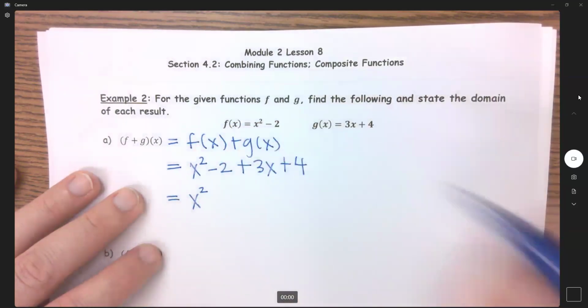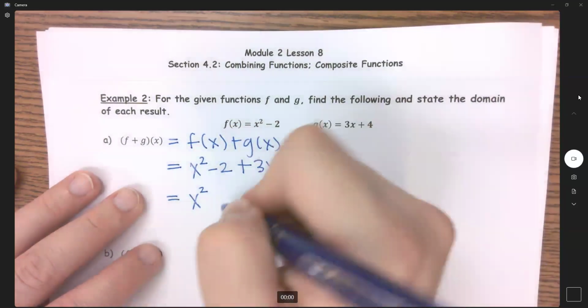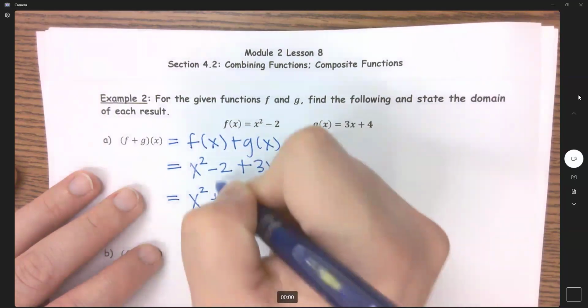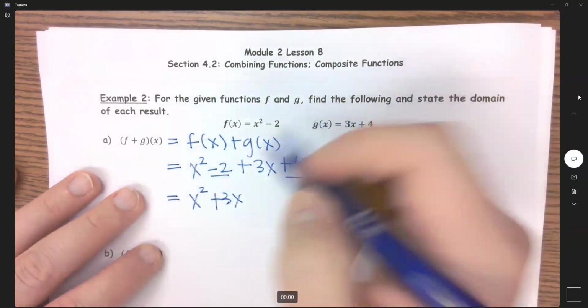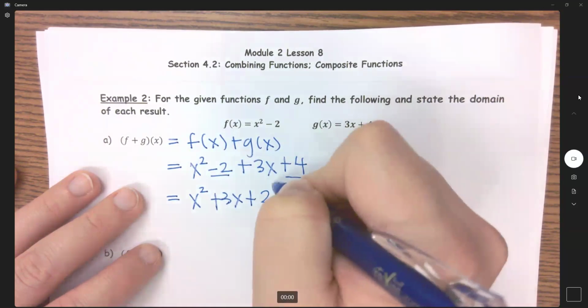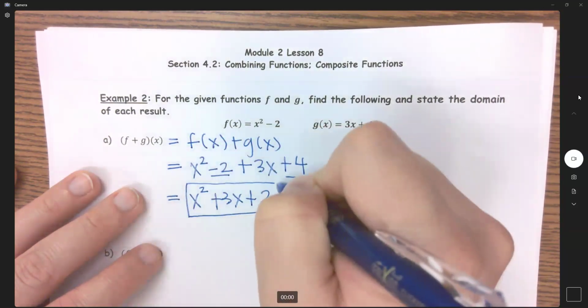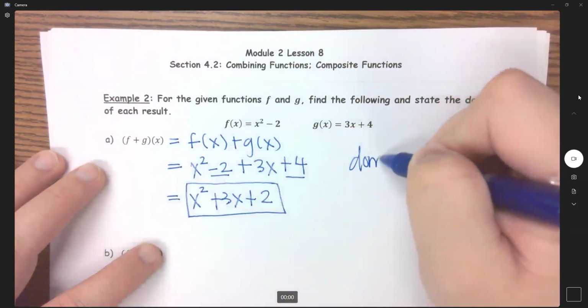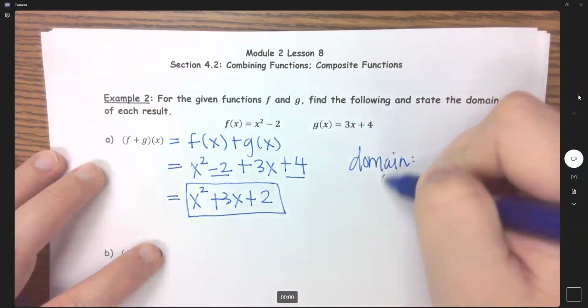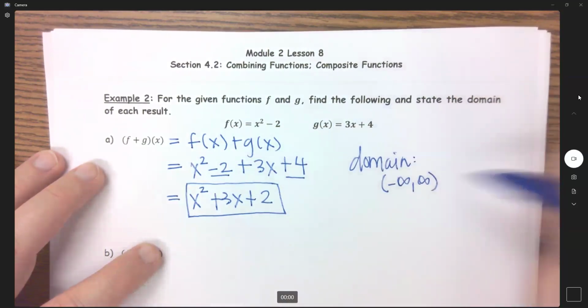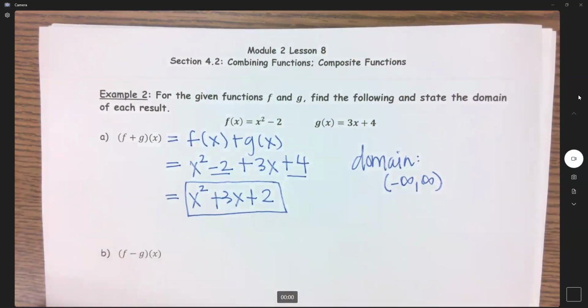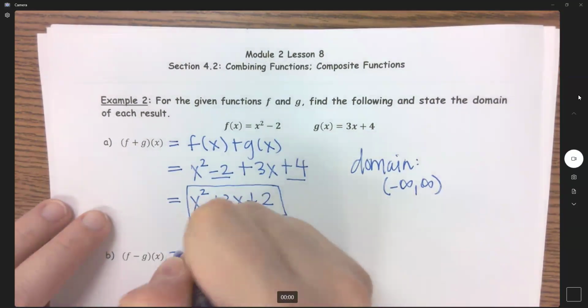We don't have any other x squared, so that comes down. We have no other x's, so 3x comes down. And then negative 2 plus 4 gives me 2. So my domain for this one is negative infinity to infinity because we have no fractions and no radicals.